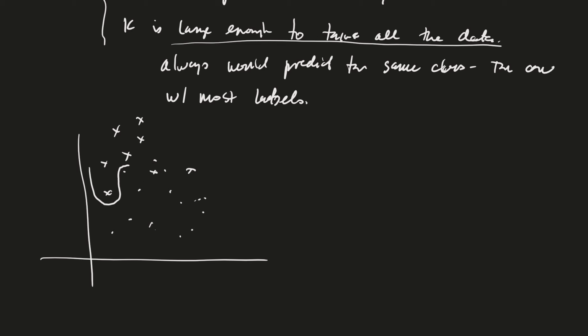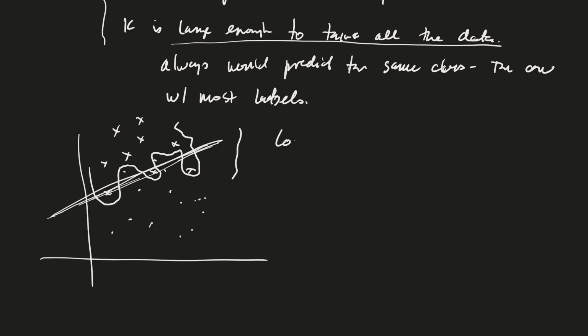Oops, I just lost my data point. Well, you get the idea. Here what I'm doing is I'm trying to carve out the space so that all my points are good, and so this would give me 100% classification. Rather, you'd probably want to try to find some general dividing curve or dividing line in between. And so this actually is what happens when you increase the value of k.